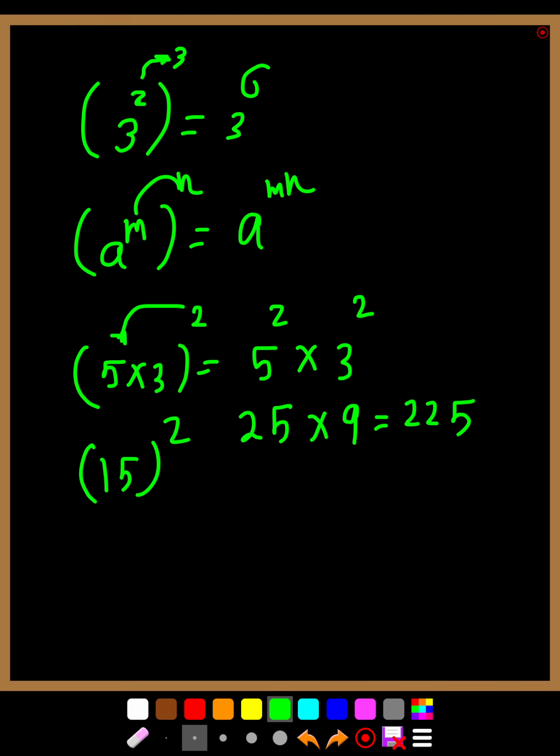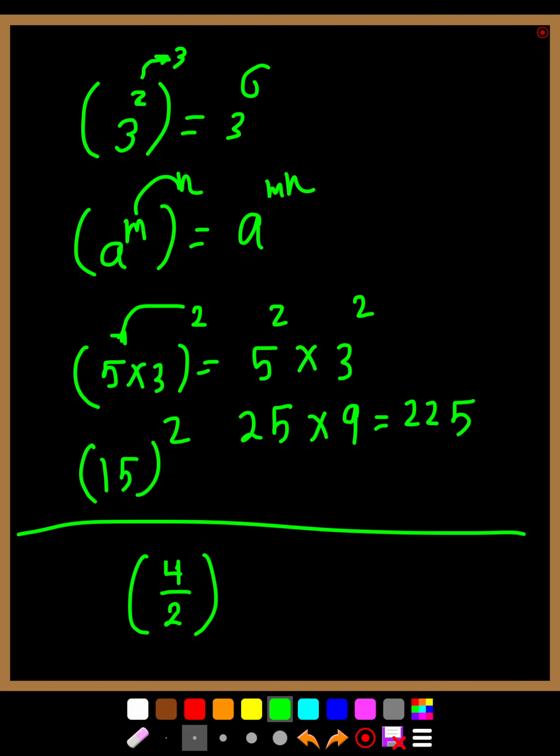Let's have another. This one is for multiplication, and also for division. For example, if I have 4 divided by 2 and raised to, for example, 2, this one we can distribute the power to the numerator and to the denominator.